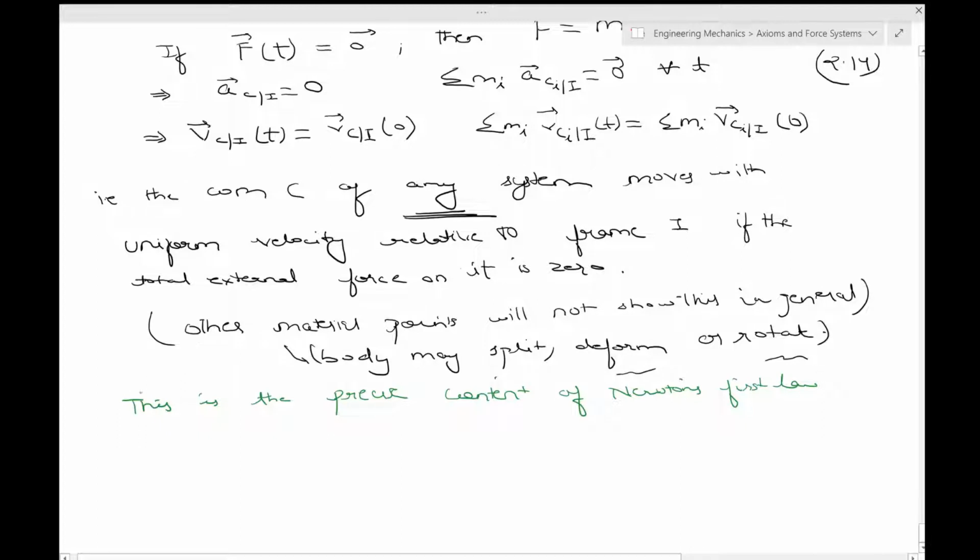Okay, this is the precise content: that the center of mass will not have any acceleration. This also is something perhaps you knew in some other way, but it has come now from the primitives, defined entities, and the axioms.